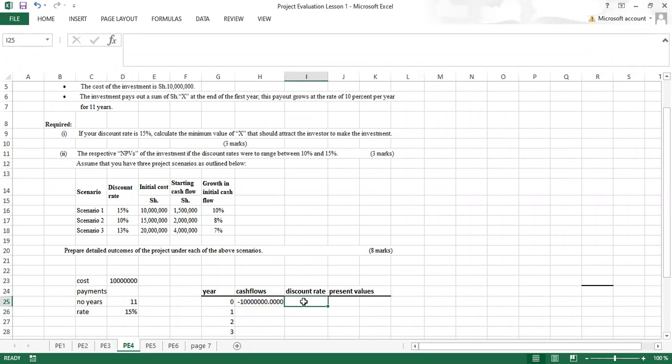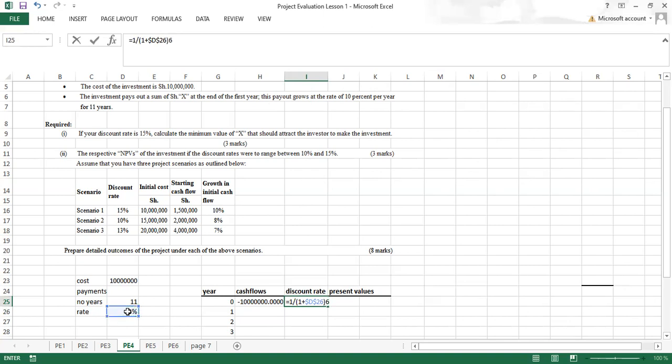Our discount rate will be equals 1, open bracket 1, plus our rate. So making things dynamic is like we are taking from here. You'll see how vital it is, and I'll press F4 to lock that one completely, and close bracket.